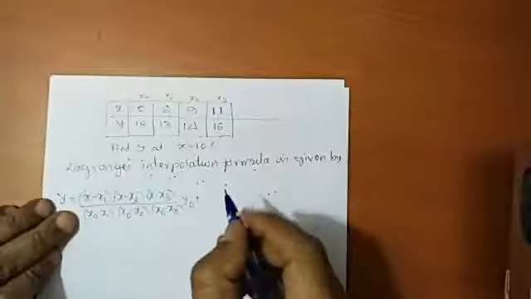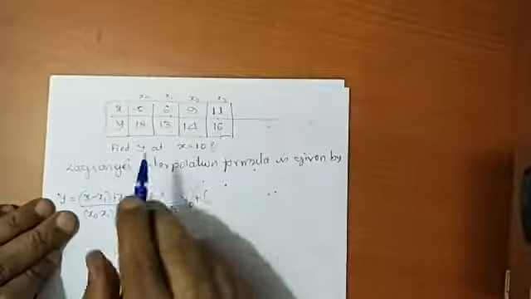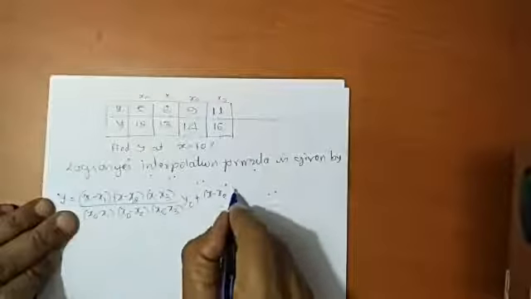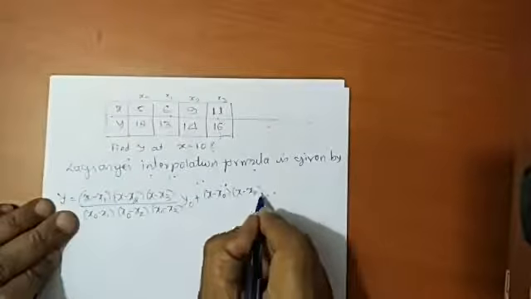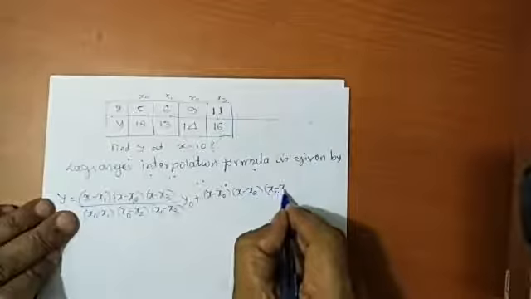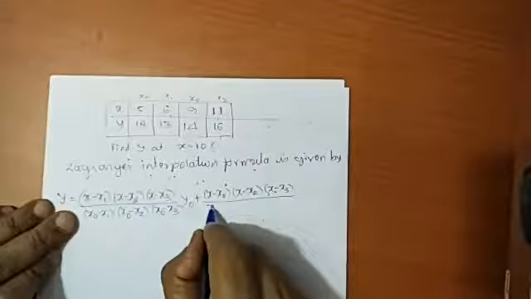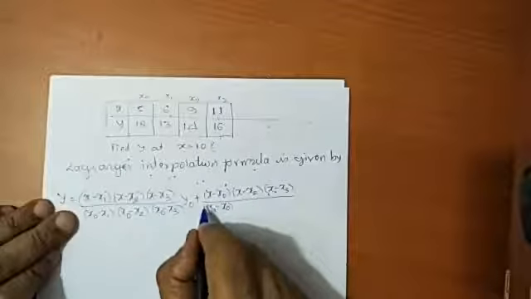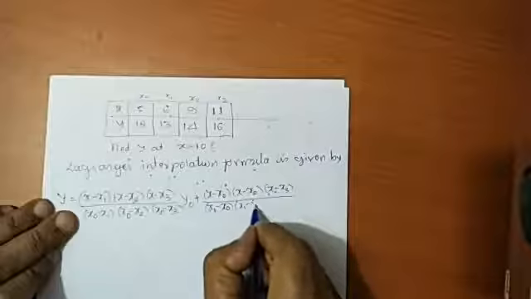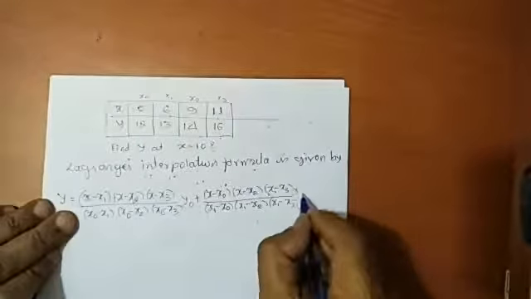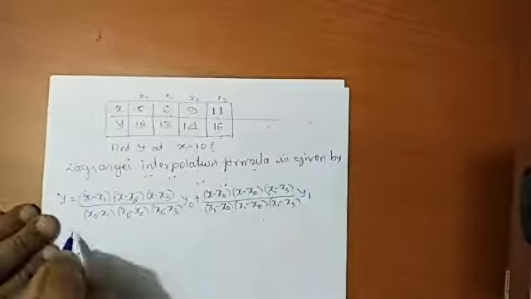plus. Now in the second term, the x − x1 term will not be there. Rest of the terms are there. (x − x0)(x − x2)(x − x3) divided by, replace x by x1, (x1 − x0)(x1 − x2)(x1 − x3) times y1 plus.